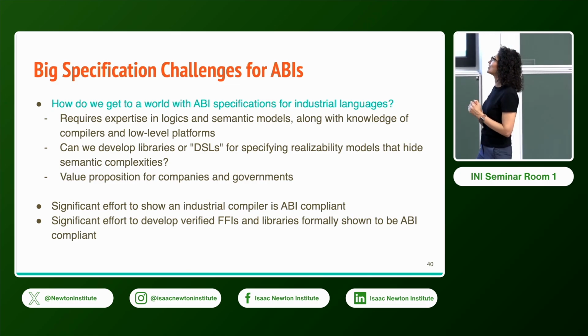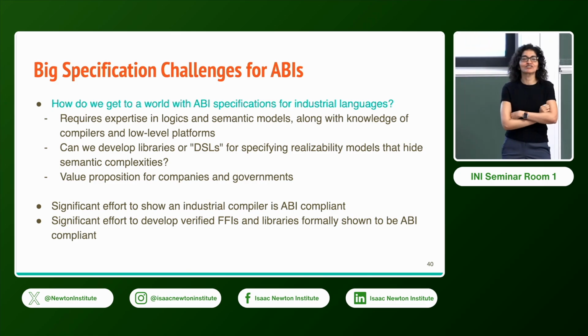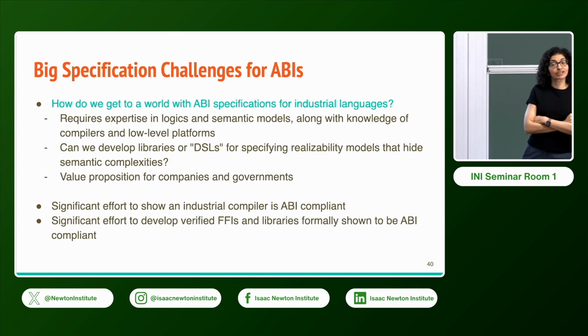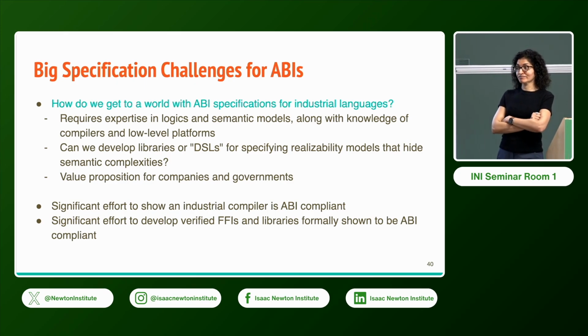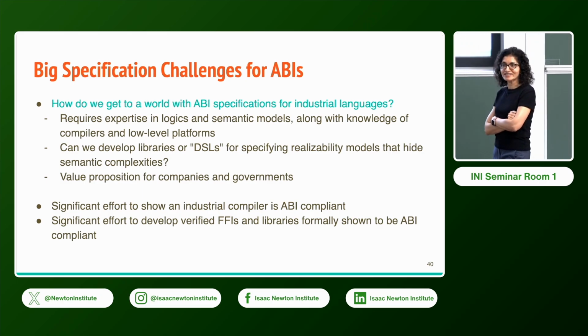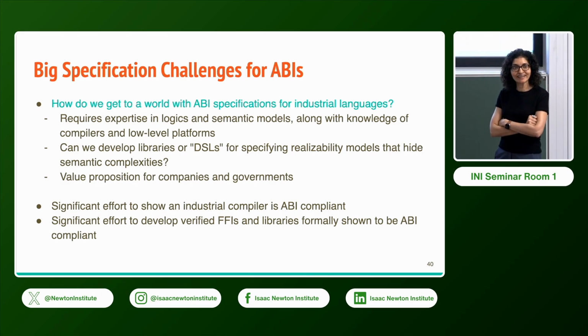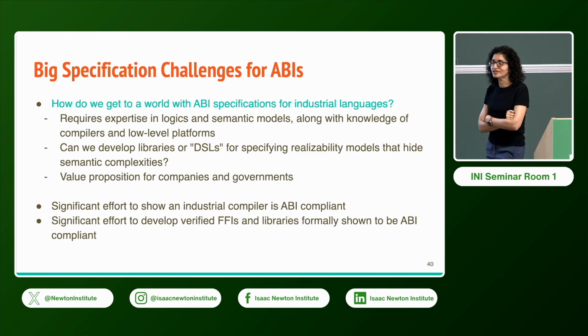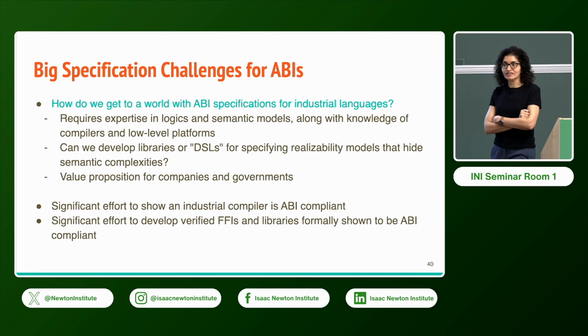And then there's this question of value propositions for companies for doing this kind of work, or value proposition for governments. Governments I can actually imagine. The US government right now would be totally on board with, let's do a full-on Rust ABI with ownership and borrowing, I think, because it would give them safety for all sorts of code. And that's a major push right now. So I don't know if people have thoughts on that.